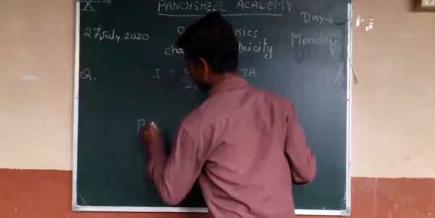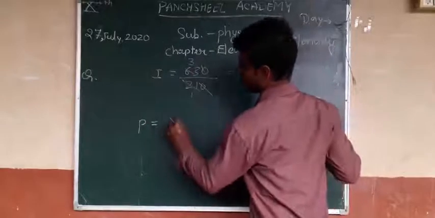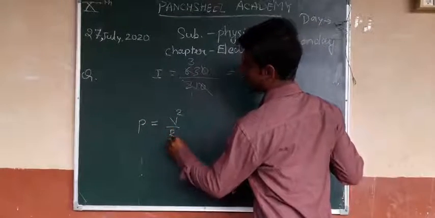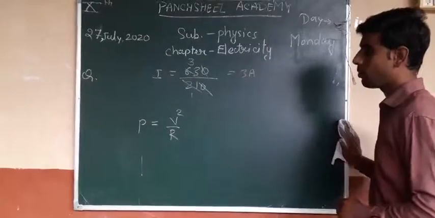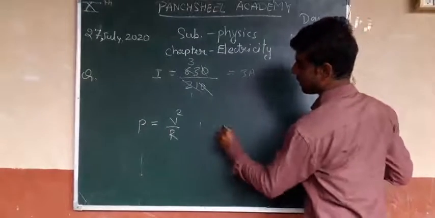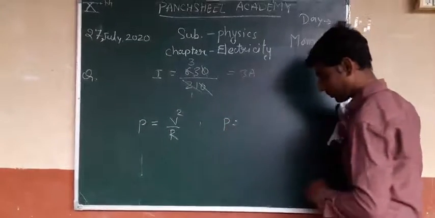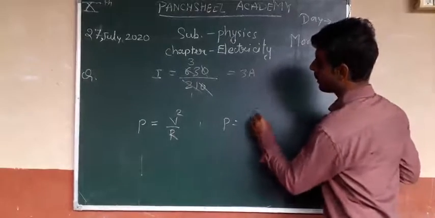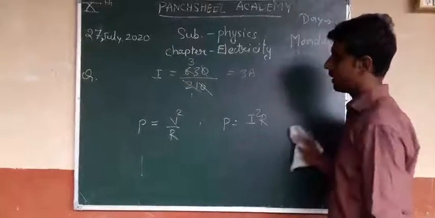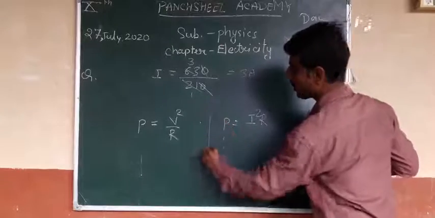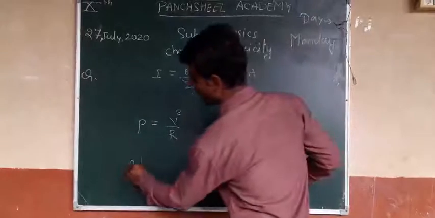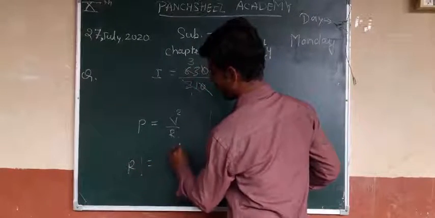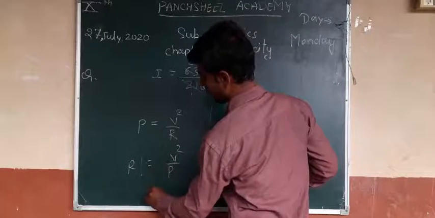P equal to what? V square by R. This is one formula, and P equal to I square into R is another formula for calculation of resistance. So what is the value of R from this? V square upon P. Okay.